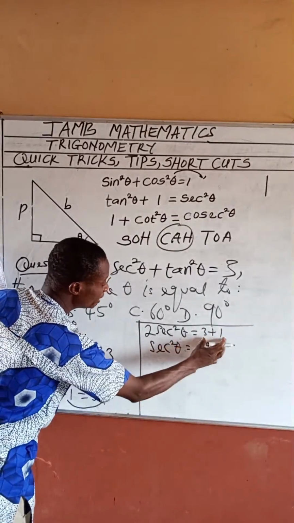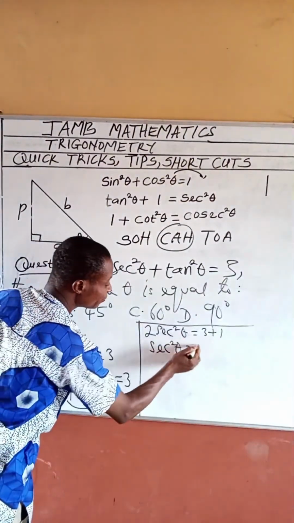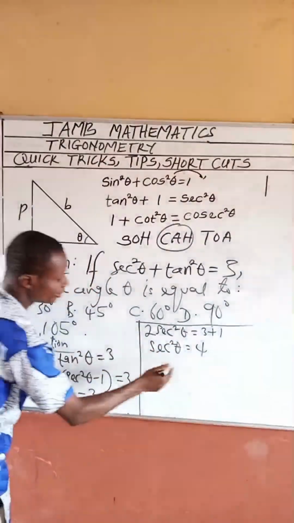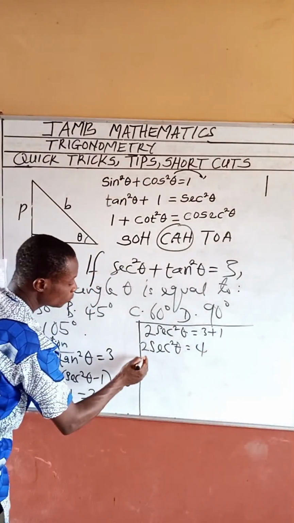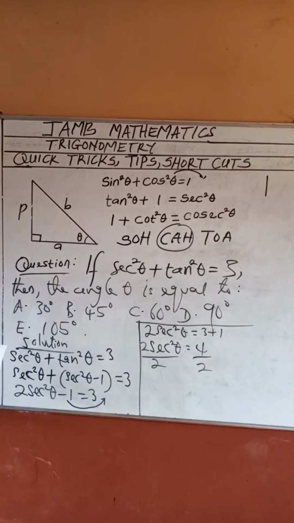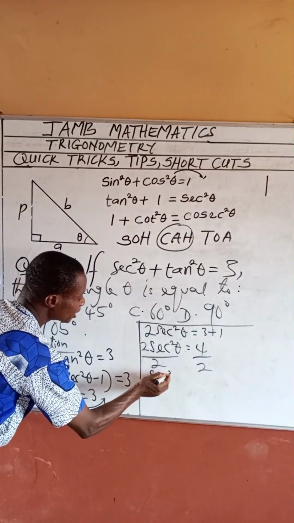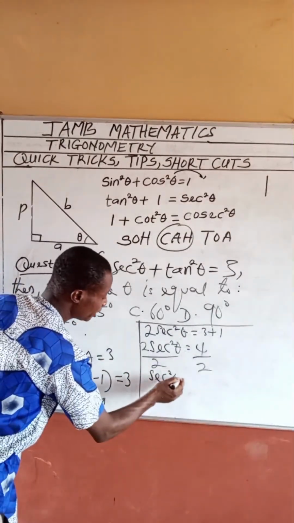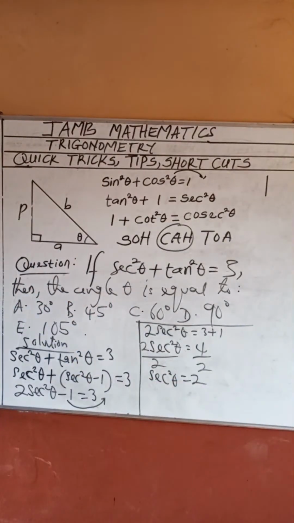This is 3 plus 1, that is 4. So 2 sec squared theta equals to 4. Divide by 2 on each side. That means we have sec squared theta equals to 2.